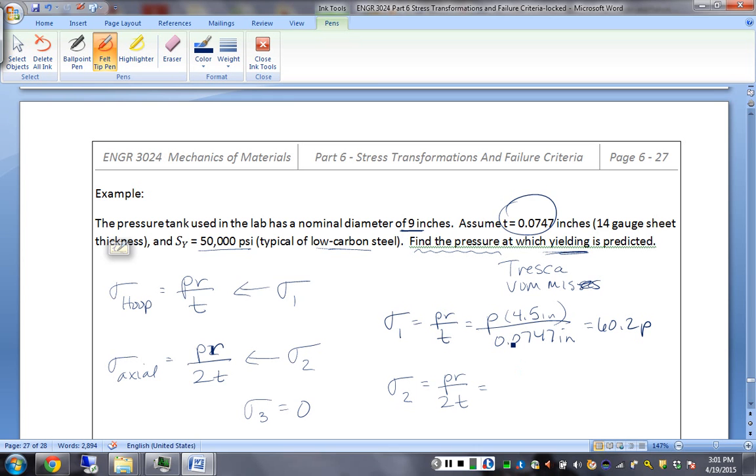This is the same quantities but half, so 30.1 times the pressure.